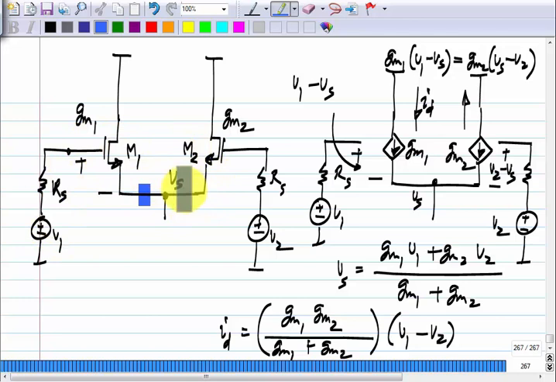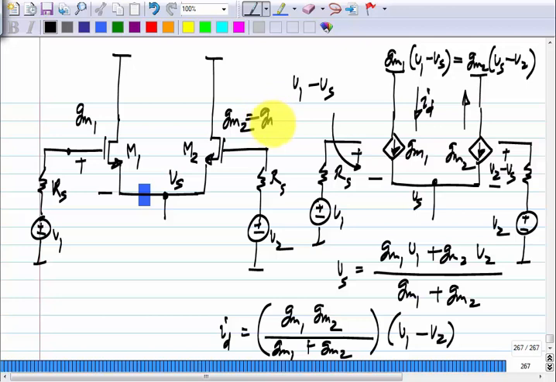Okay. So, the topology, the picture is symmetrical with respect to V1 and V2. What is not symmetrical is the values GM1 and GM2, which I assumed in general to be different, but we can make it exactly symmetrical by setting GM1 to be equal to GM2. Okay.